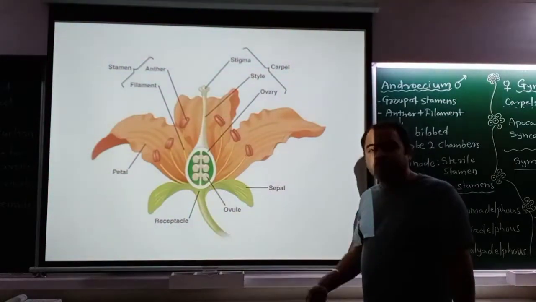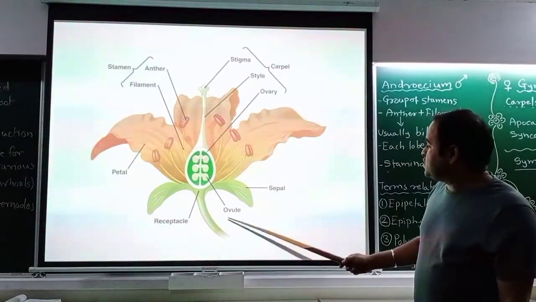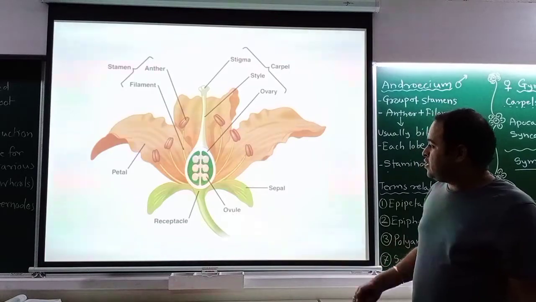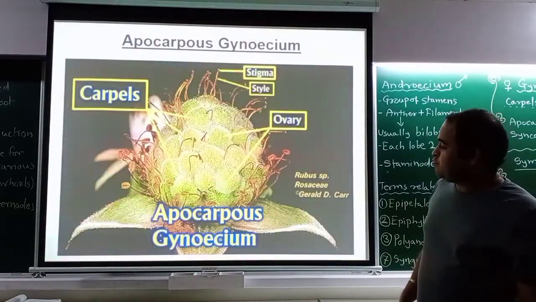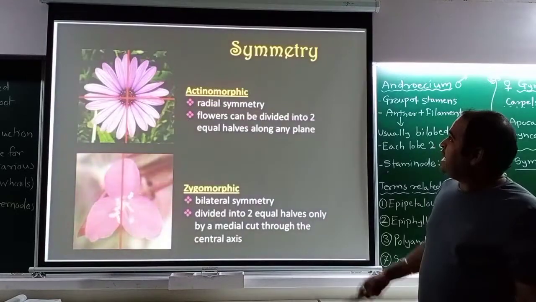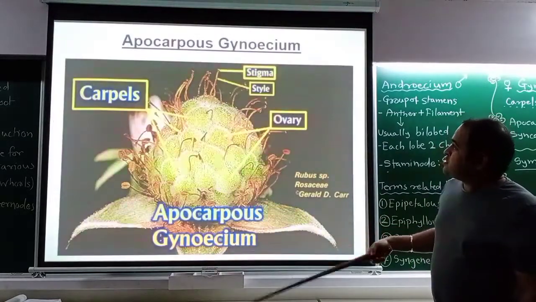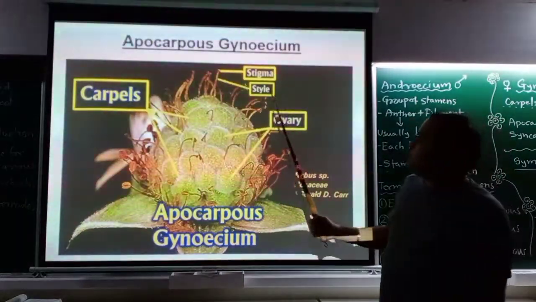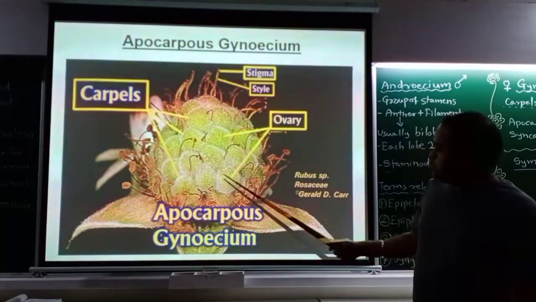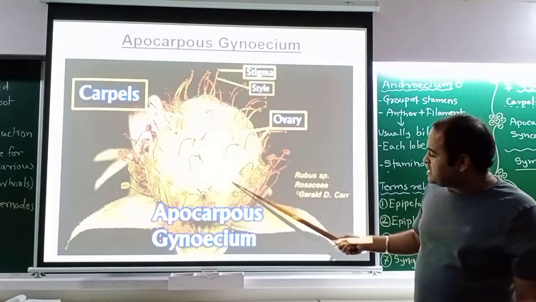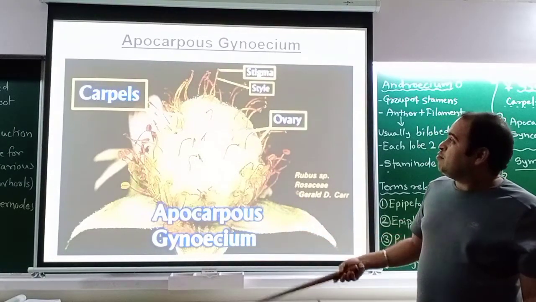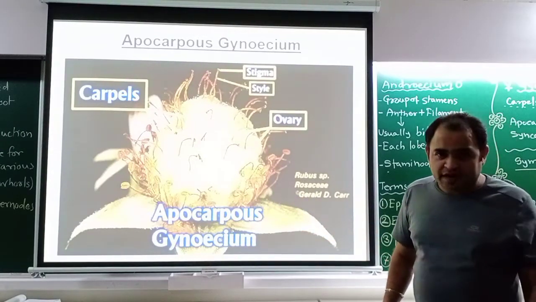At the time of fertilization, I can tell you things in more detail about the ovule. There are two conditions basically, apocarpous and syncarpous. Apocarpous condition, so there are many apocarpous conditions that can be seen here, and a better picture can be shown later on.